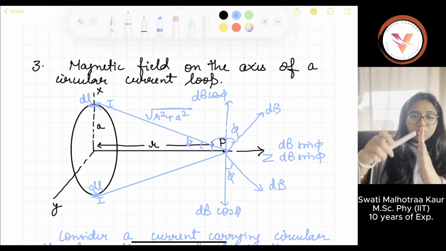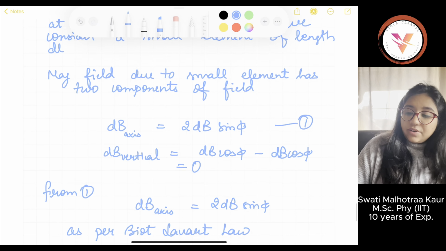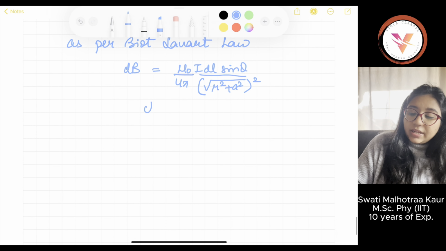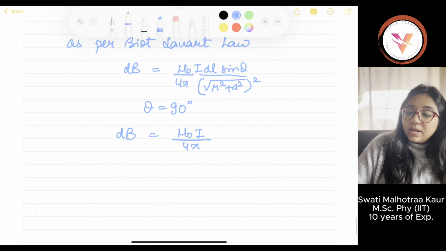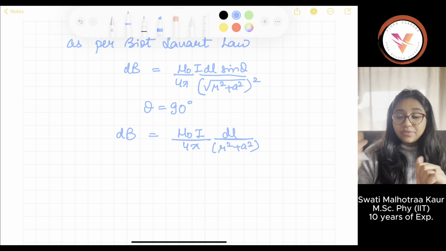If this is my circular loop and this is the wire, so the theta will give you 90 degree here, then dB would be mu naught I over 4 pi dl, and this is r square plus a square. Everything is constant, r constant, a constant, dl is a variable.